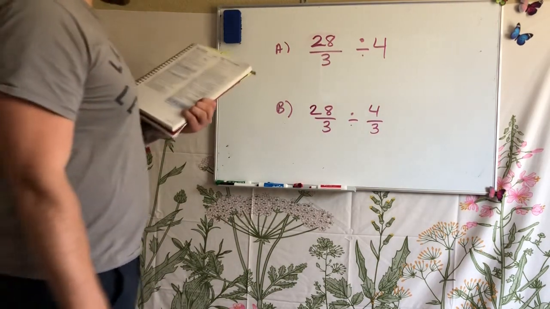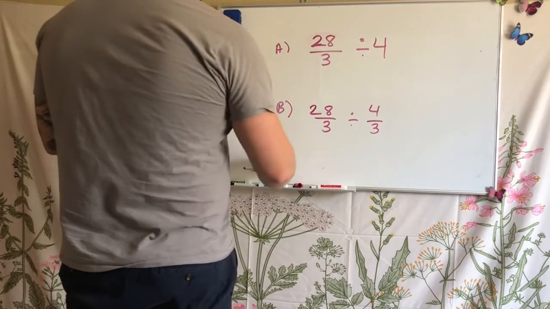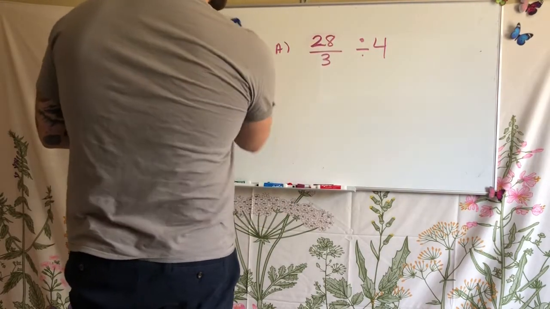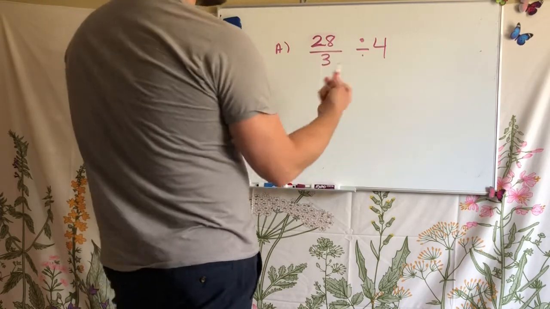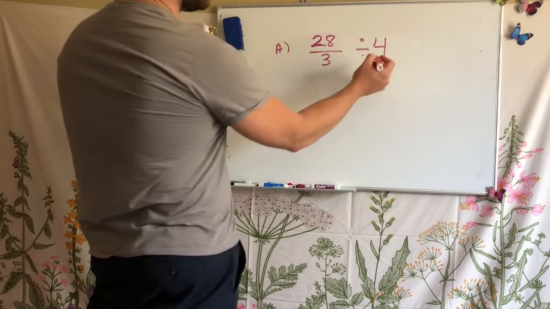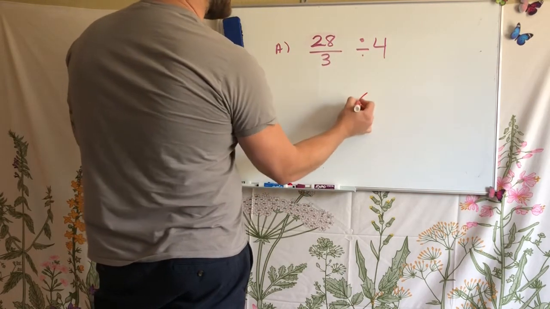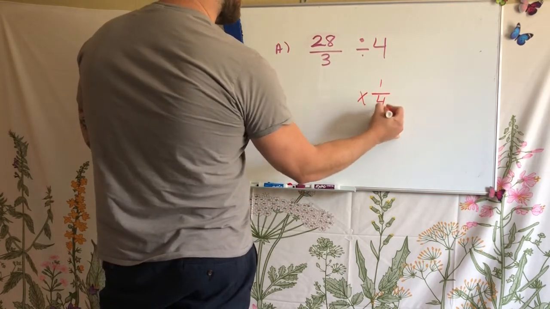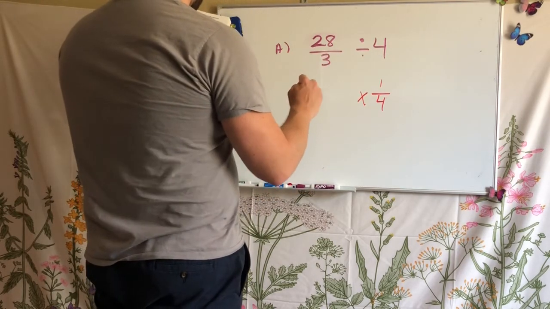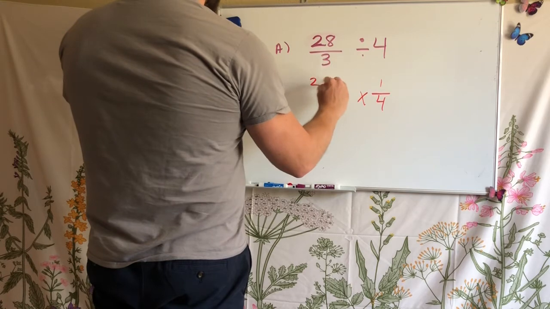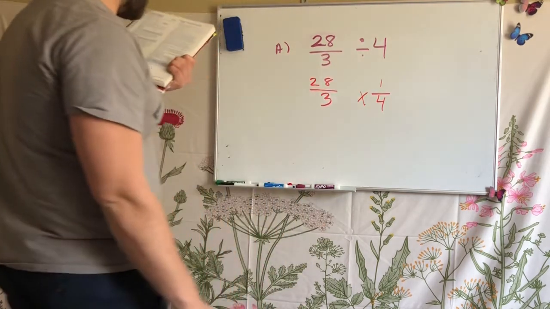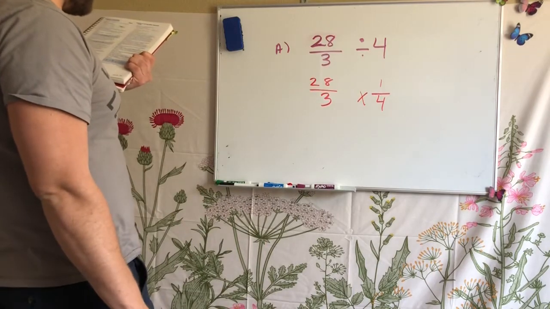All right, so let's start with problem A. As we know, when you're dividing, you're actually going to turn it into a fraction, because this would be over 1, so the reciprocal is 1/4. So then you are going to have 28/3 times 1/4.